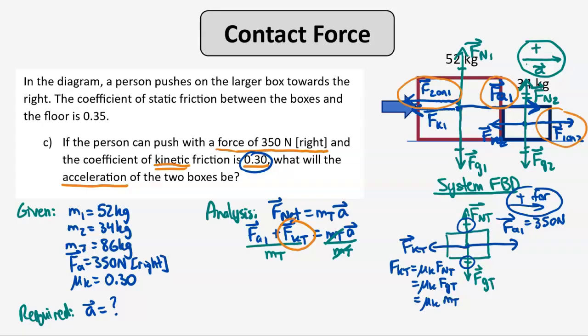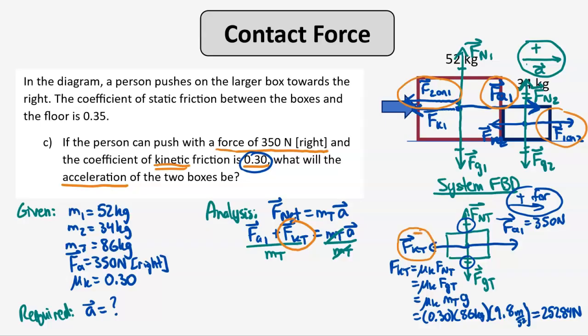And we can break this down to m total times g, which gives me 0.3 times the mass total was 86 kilograms times 9.8 meters per second squared. And so what I get a final answer of is 252.84 newtons, 252.84.